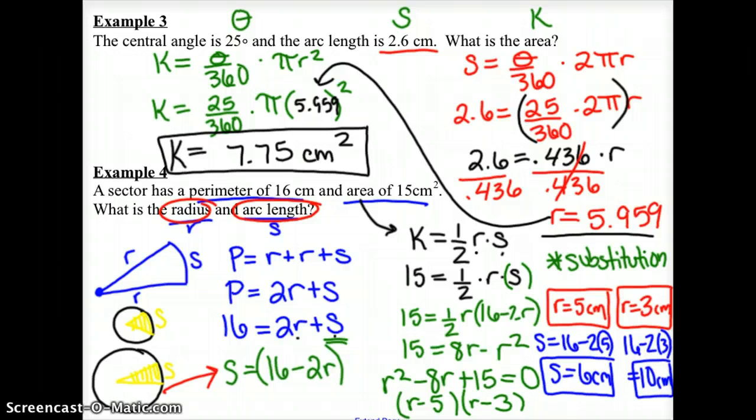In the small pizza, this would be my radius of 3 and an arc length of 10. It has a larger arc length. In the larger pizza, the radius would be larger, that would be my radius of 5, and the smaller arc length of 6. So it is possible to have 2 different radiuses and 2 different arc lengths to get the same area.